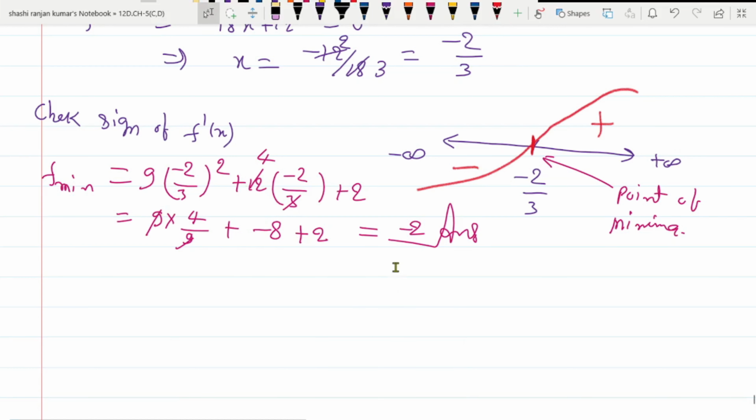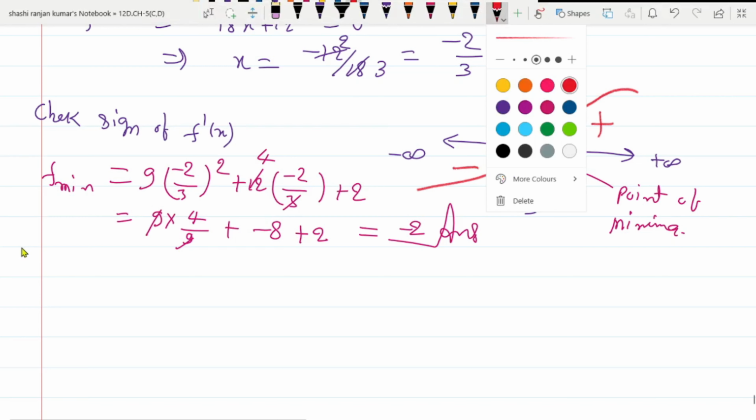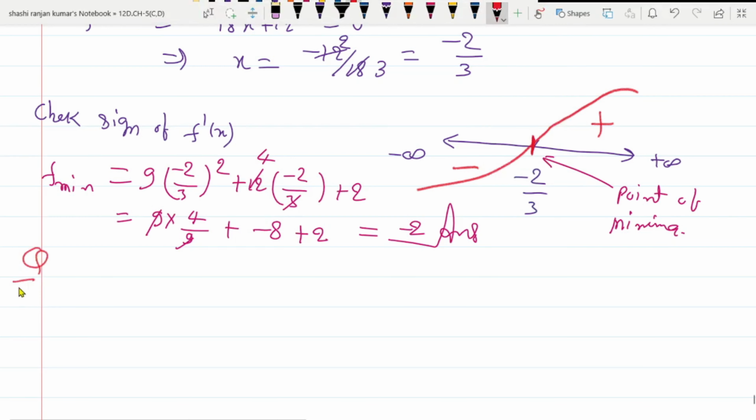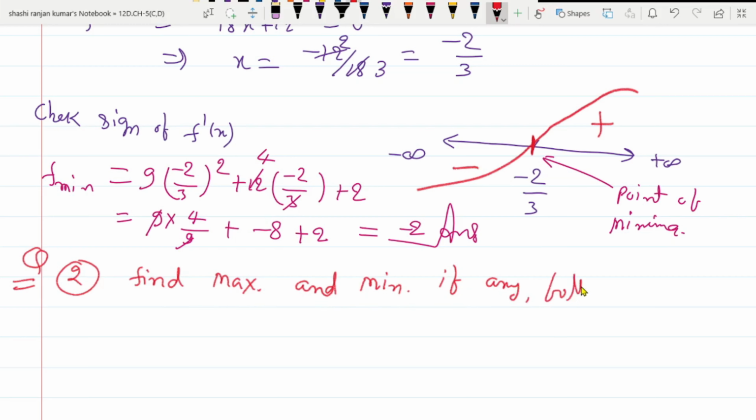We have time. So see the next question here, question number 2. The question is to find the maxima and minima value, if any is possible, of the following function. Okay, the same question is here.